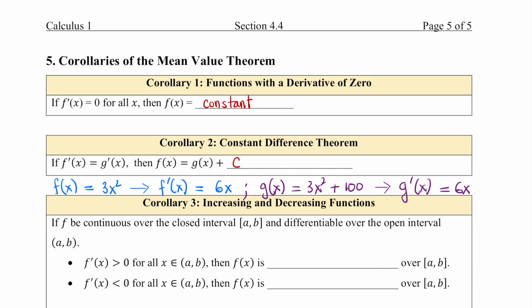So f prime equals g prime, but f of x does not equal g of x. They differ by a constant. So if two functions have the same slope everywhere, they are basically the same graph, just shifted up or down.